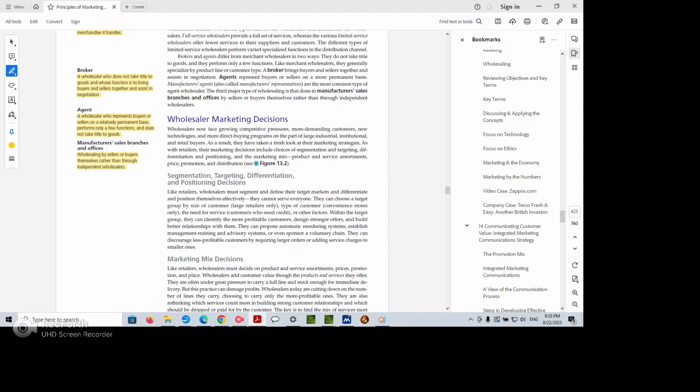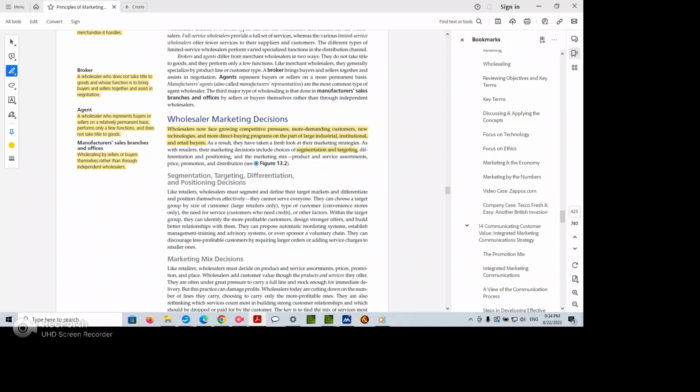Wholesaler marketing decisions: wholesalers now face growing competitive pressures, more demanding customers, new technologies, and more direct buying programs on the part of the large industrial, institutional, and retail buyers. As a result, they have taken a fresh look at their marketing strategies. With retailers, their marketing decisions include choices.